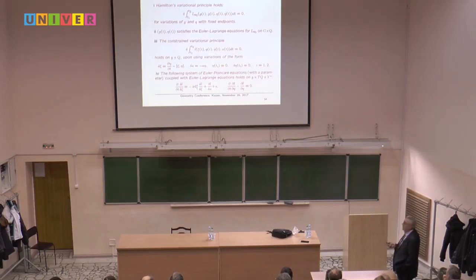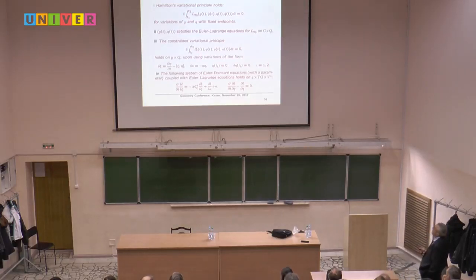However, now comes Poincaré, or an extension of Poincaré. The constrained variational principle holds for L of xi(t), q, q dot, and A. Notice here A0 is fixed. Here it's moving. It's not the same thing. Okay?